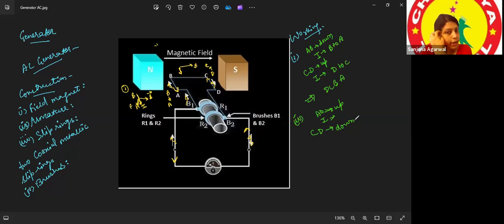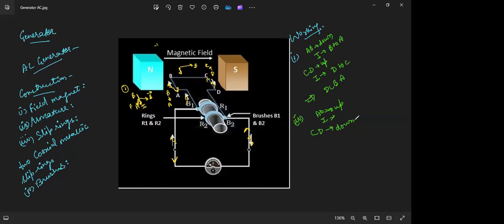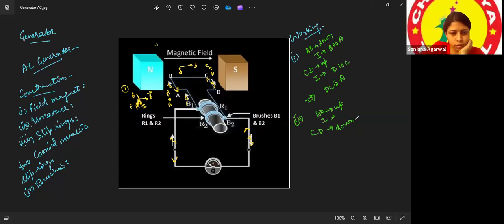Now, should I write the direction of current again, or I think it's fine? I understand. Or, in short, we can write that if AB is now up, the direction of current in AB would be A to B, because AB will be pushed upwards.